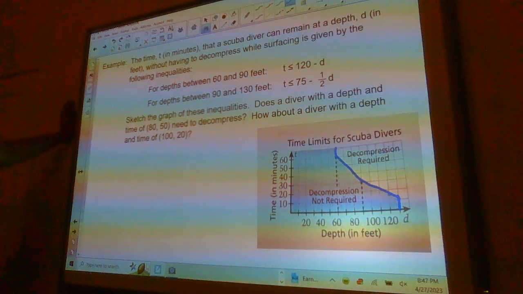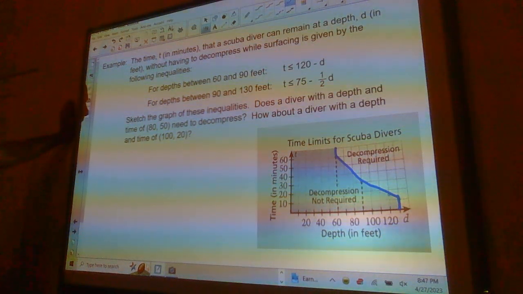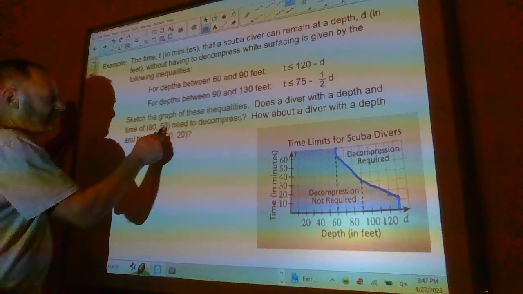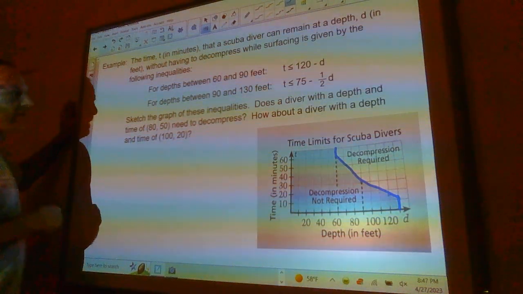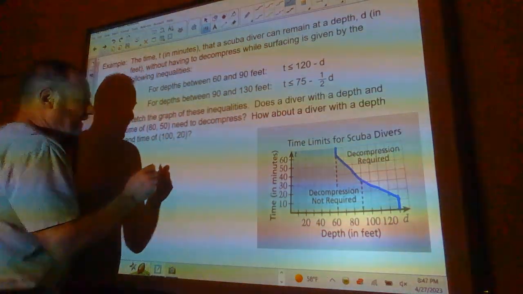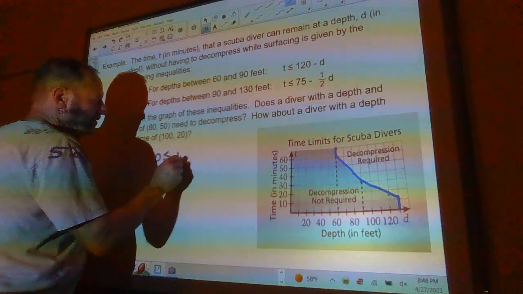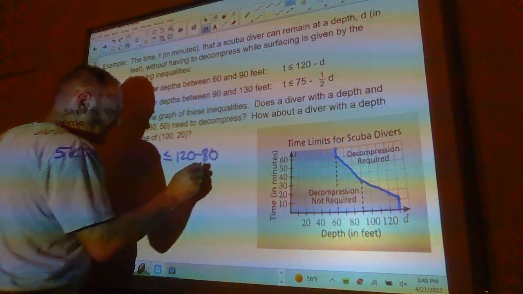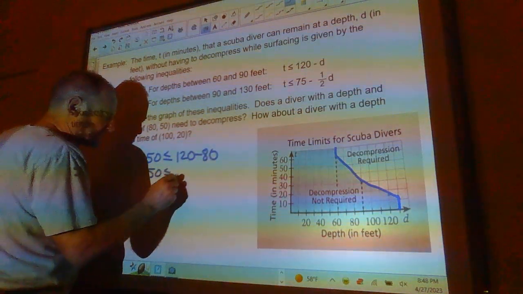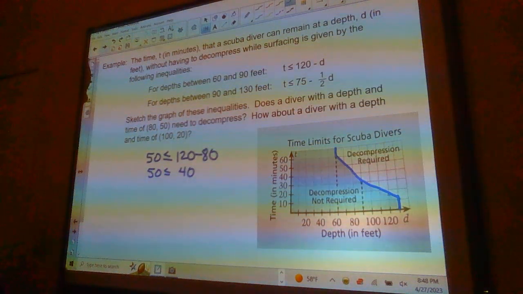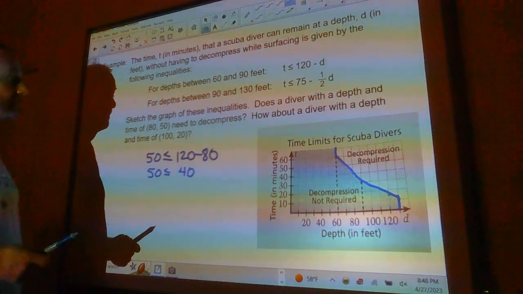Okay, so sketch the graph of these inequalities. Does a diver with a depth and time of 80, 50 need to decompress? So your depth would be 80 and your time would be 50. Okay, so you're going to fall in here. Okay, so it would say that 50 would be less than or equal to 120 minus 80. So 50 would be less than or equal to 40. Okay, so that is not a true statement.